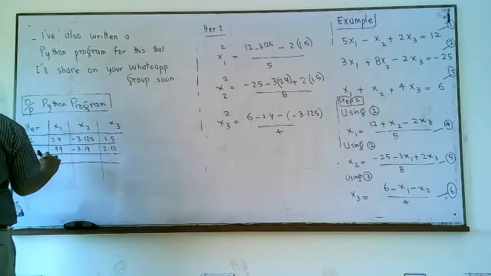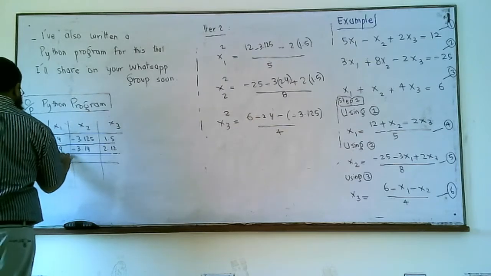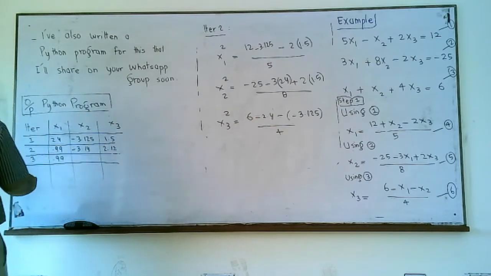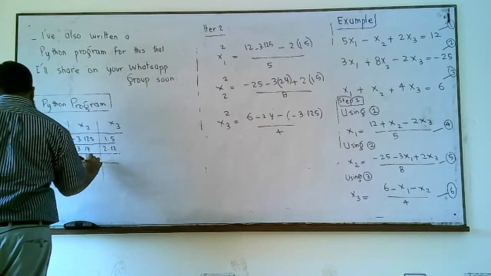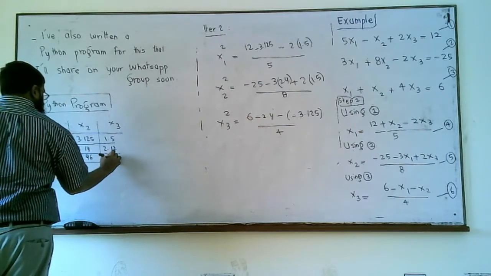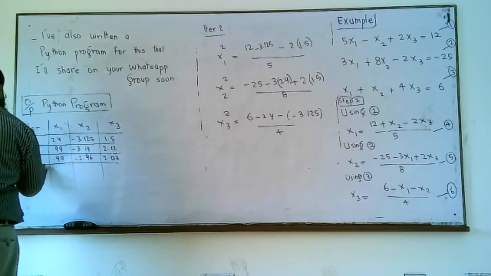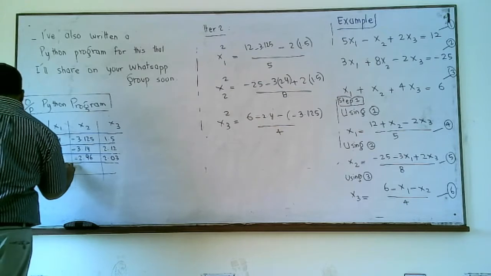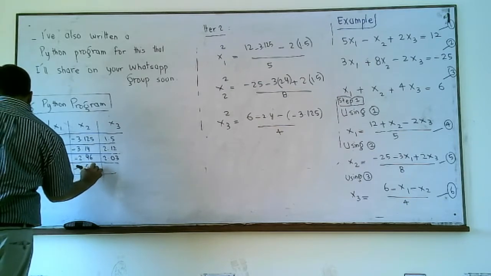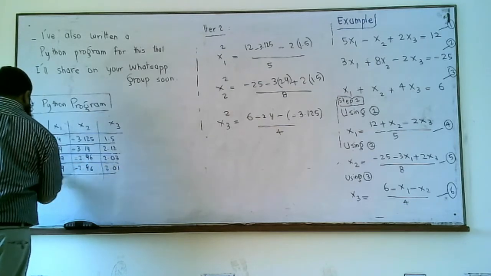At iteration number 3, it uses the data that we computed in iteration number 2: 0.99, minus 2.96, 2.03. In iteration number 4, I get 0.99, minus 2.96, 2.01.